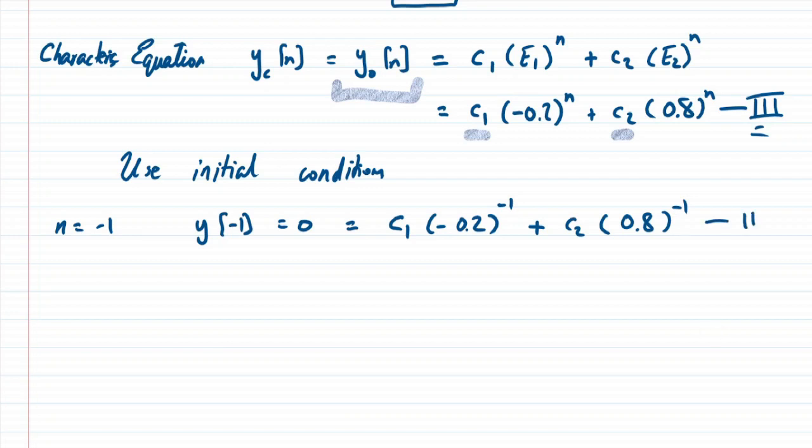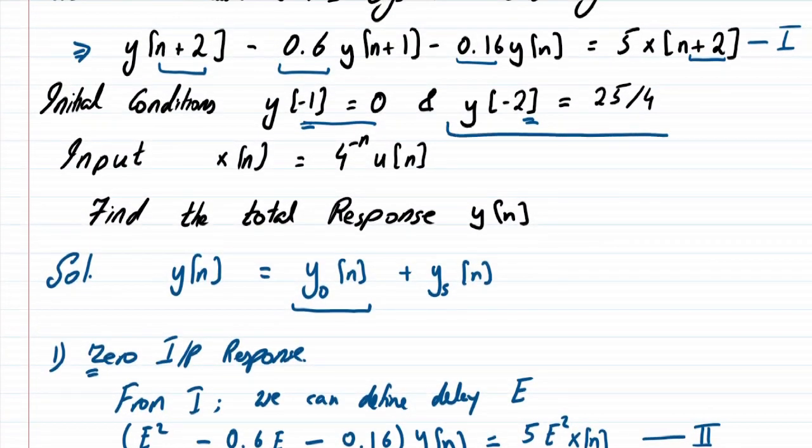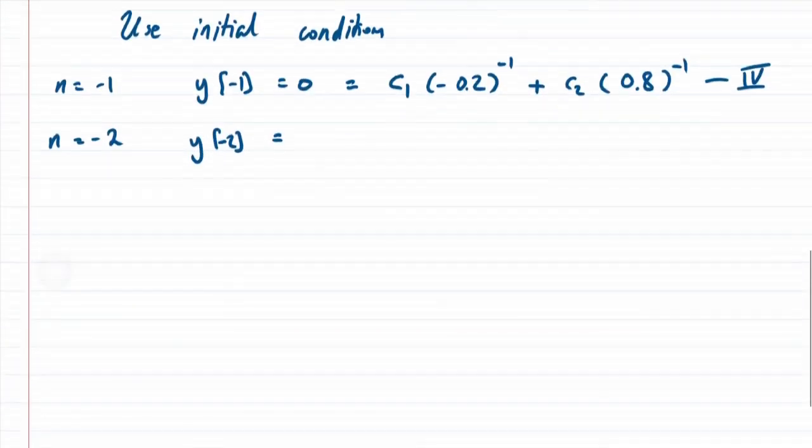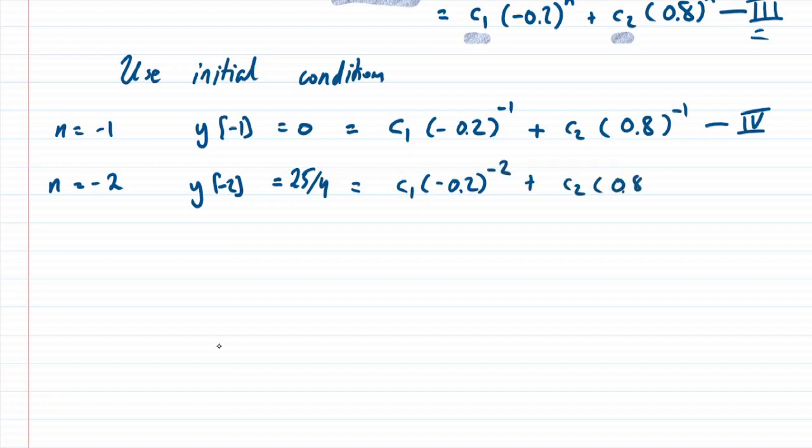Say this is our expression number 4. Similarly, for n equal to minus 2, we have y of minus 2, and the value for that is 25 by 4. Again we have c1 times minus 0.2 to the power minus 2 plus c2 times 0.8 to the power minus 2, and this is our expression 5.